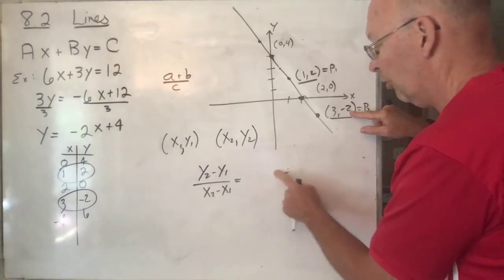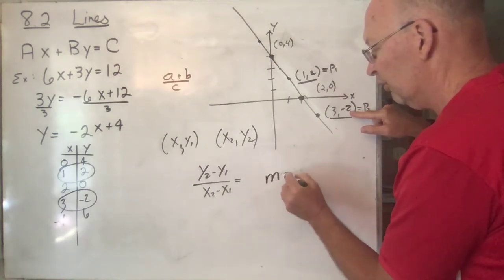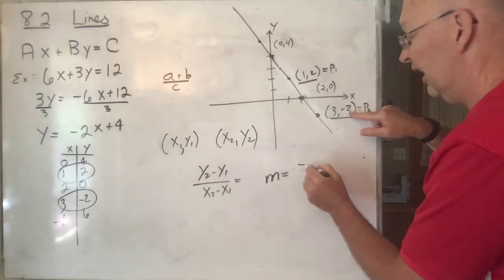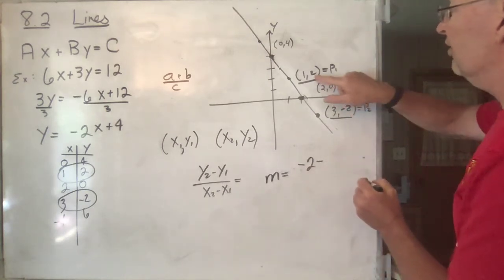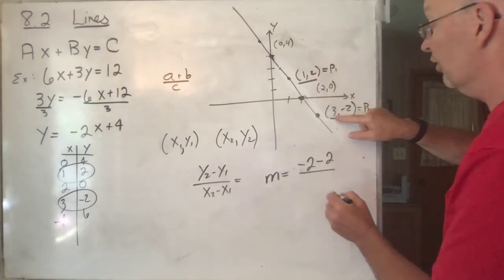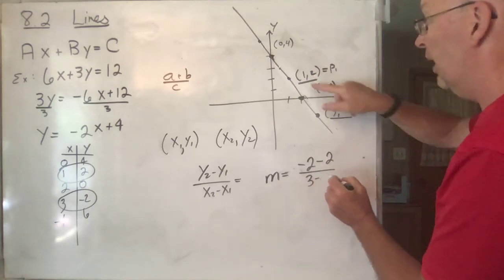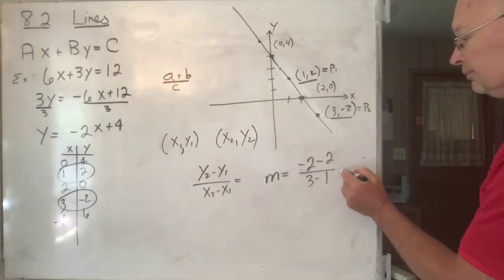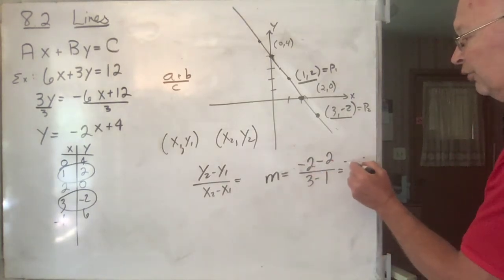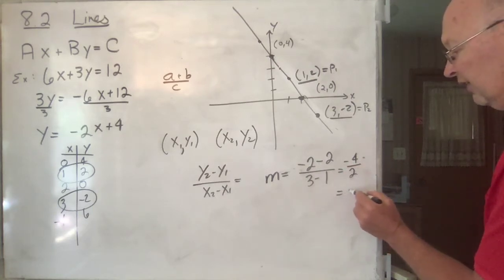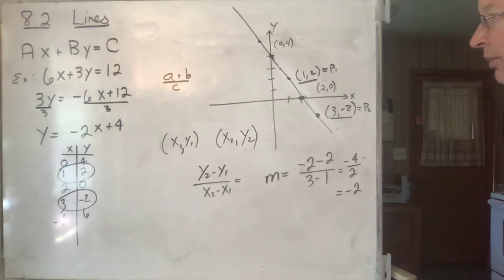So here's the slope. By the way, for some reason we generally use the letter m to stand for the slope. So it's going to be negative 2 minus 2 on top. And on the bottom, you're going to get 3 minus 1. See that? So negative 2 minus 2 is negative 4. 3 minus 1 is 2. And so that gives us a slope of negative 2.